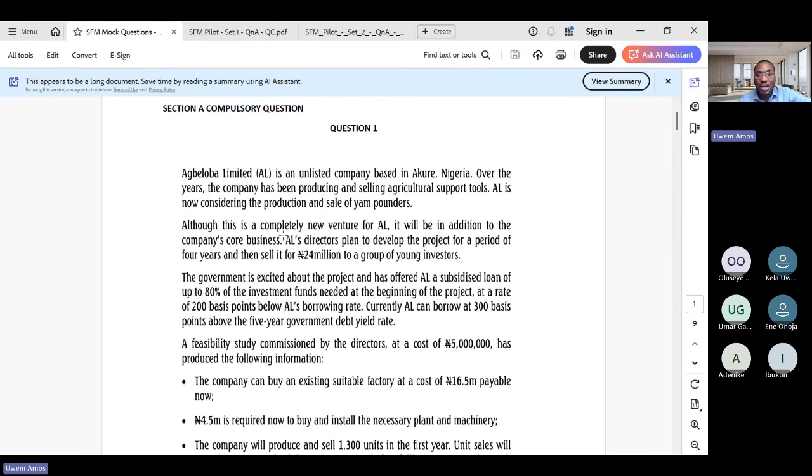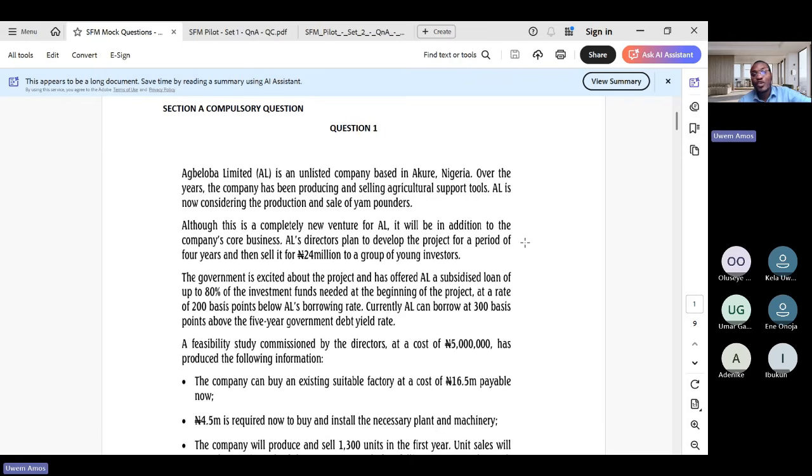Although this is a completely new venture for AL, I'll stop there. Now look at this point now. The company is considering a new line of business. So before they were producing and selling agricultural support tools. Now they are considering production and sale of yam powders. And it is a completely new venture for AL.